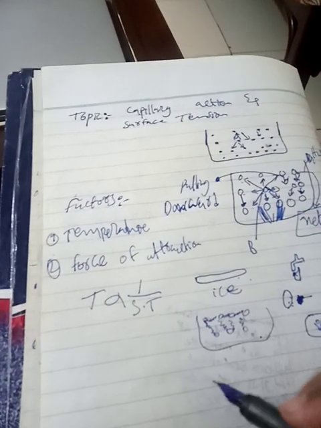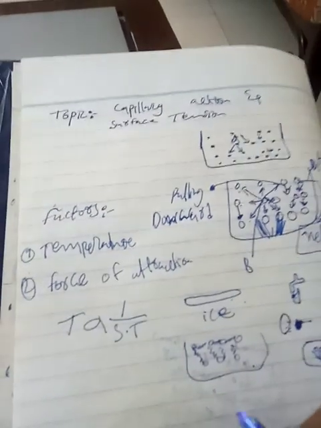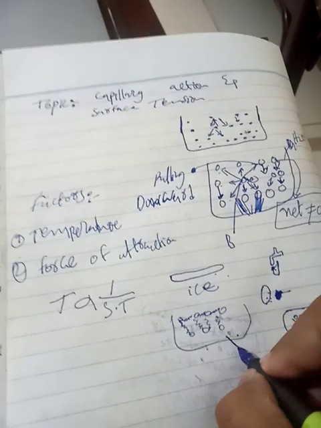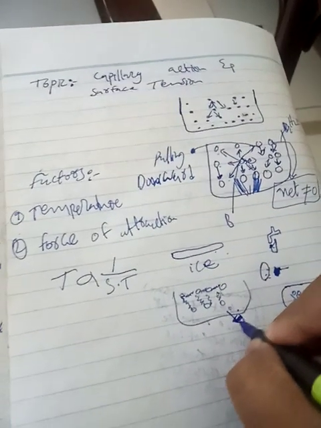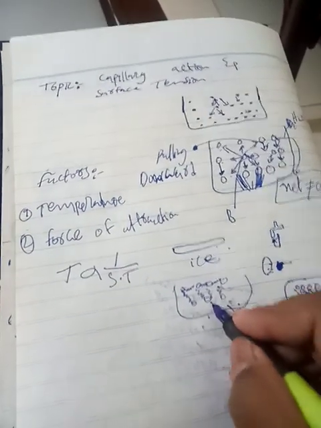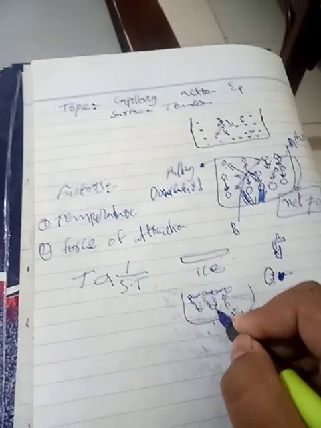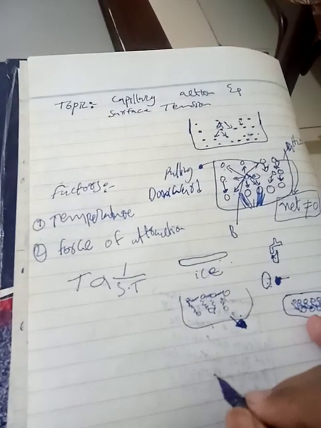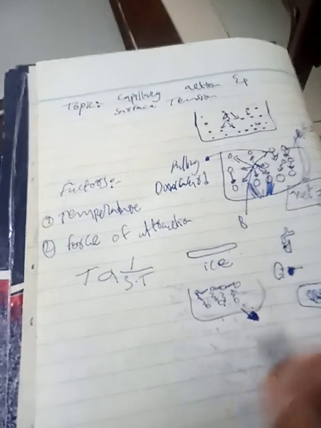Kinetic energy is also a factor in surface tension. So because of that, there is a low surface tension. Why is there a low surface tension? Because there is not as much pulling of particles as we have in ice.